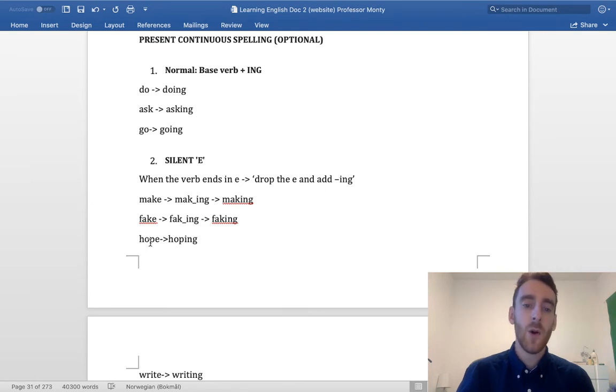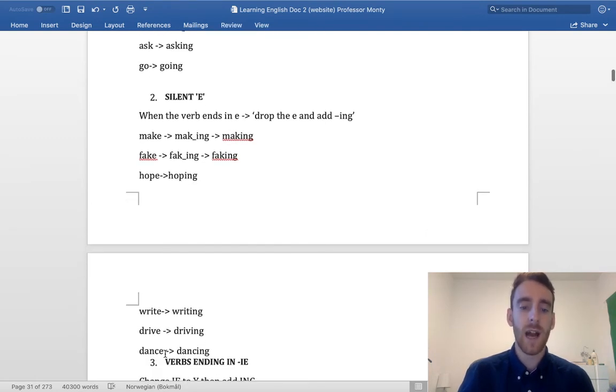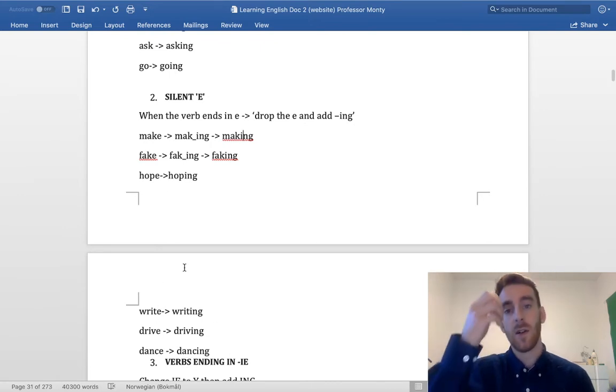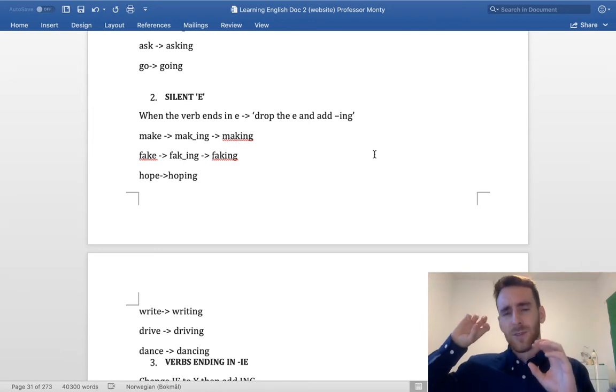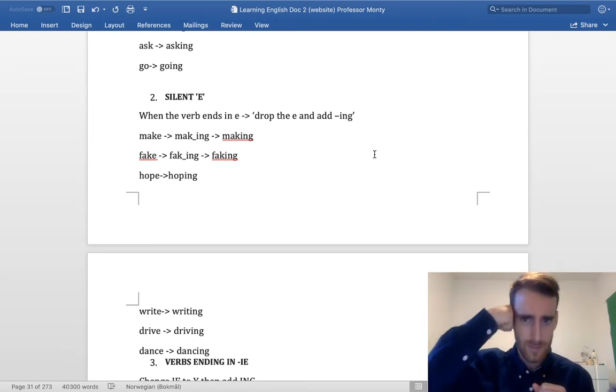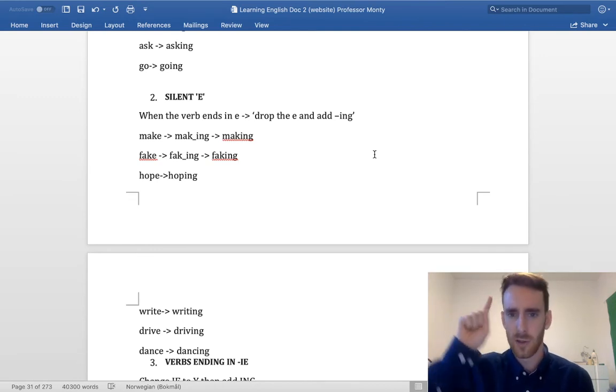All right. Hope, hoping. Write, writing. Drive, driving. Dance, dancing. All of these silent E's, remove the E, add ing. The famous saying is drop the E, add ing. That's what our elementary school teachers basically punch us in the head and say, drop the E, add ing.